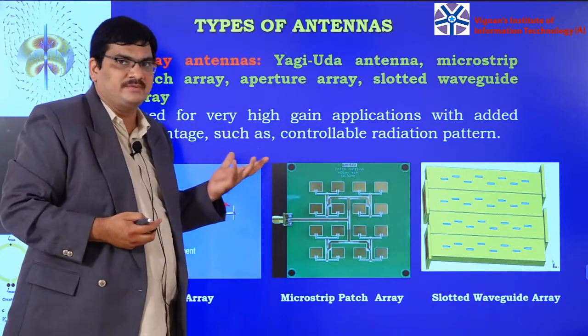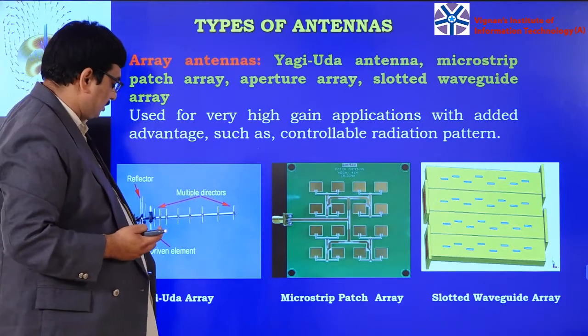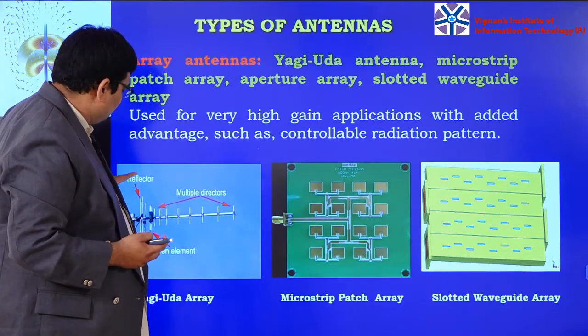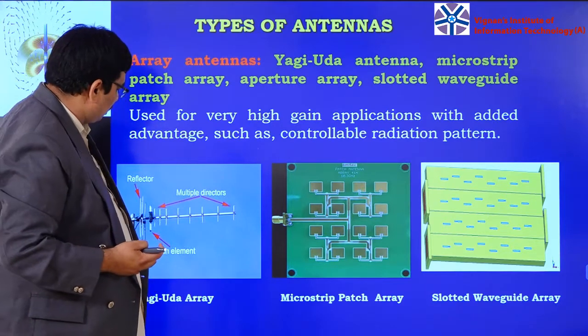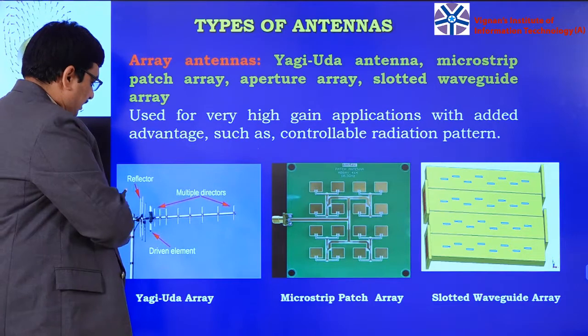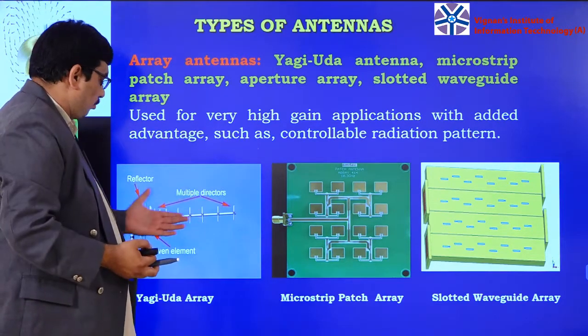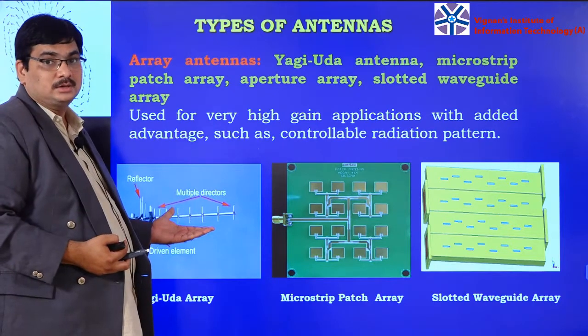Previously we used this as a dish antenna on our house tops. In this Yagi-Uda array, this is the driven element or feed element, this is the reflector, and these are the directors. See here, more than 10 elements are there.